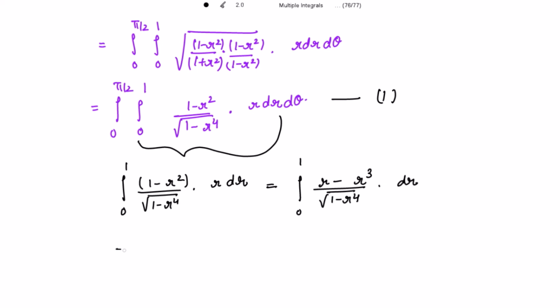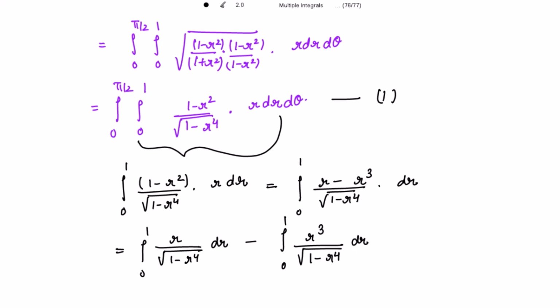Separating this, solving the first one, we put r square equal to t.